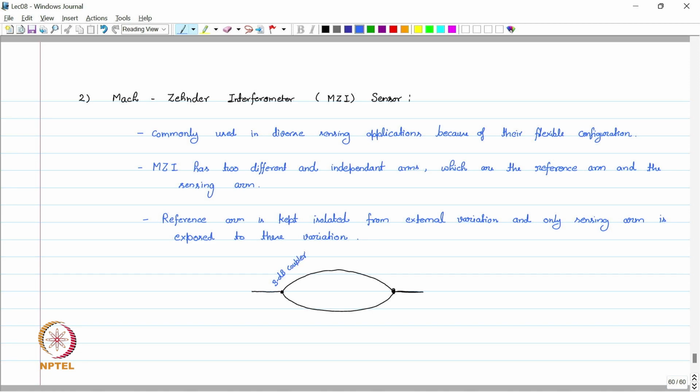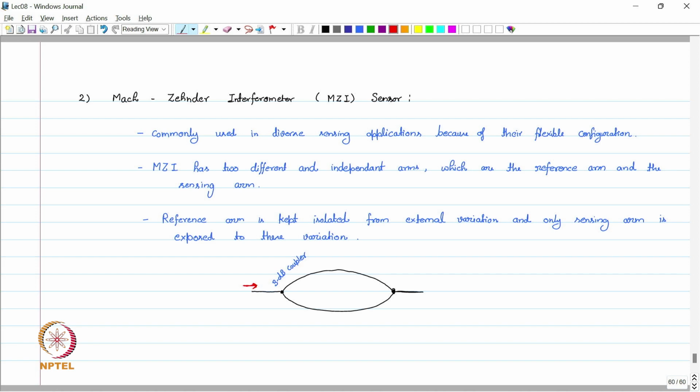So in this diagram we have a wave which is coming in from the x direction, and we use a 3 dB coupler which splits this single incoming wave into two different paths.